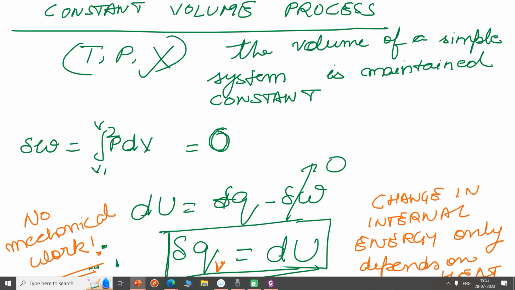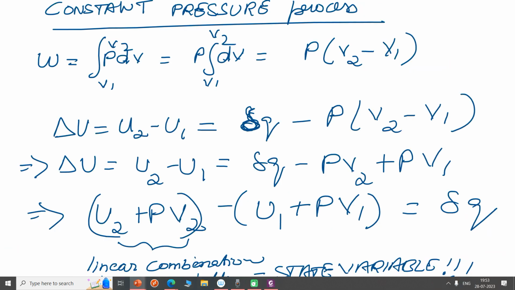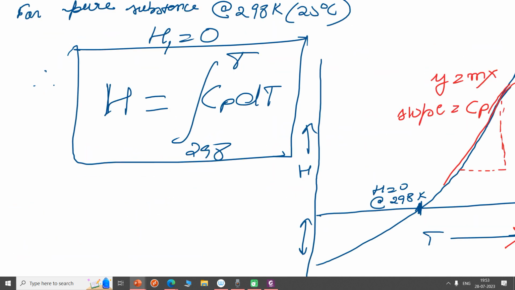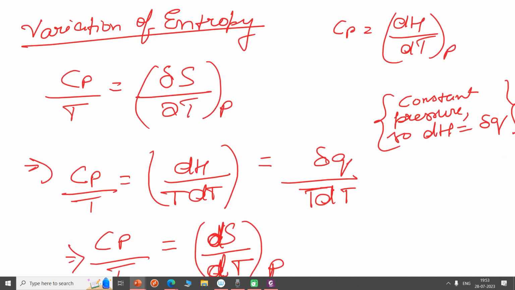As a consequence, we have the constant volume and constant pressure processes, and we have seen how the equations are derived for each of the cases, how these processes apply to the concept of heat capacity, and how this concept of heat capacity can be applied to evaluate the enthalpy and the entropy.